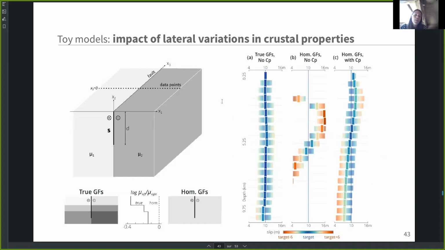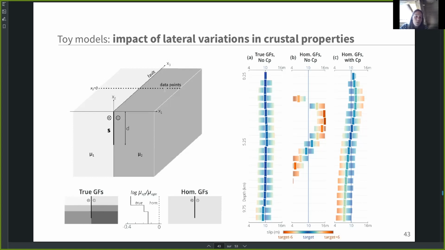So the idea here is to consider a complex crust, so with different interfaces. That's what you can see here. You have the fault, a vertical fault here, and you have two gradients of velocities or shear moduli on either side of the fault. With this crustal structure, we calculate the surface displacement along this profile at every data point.